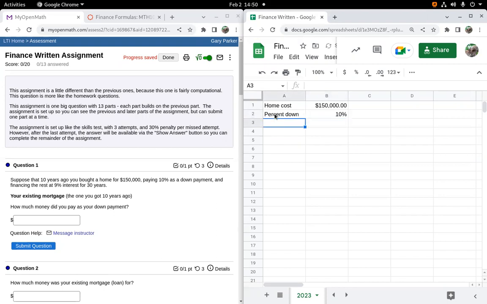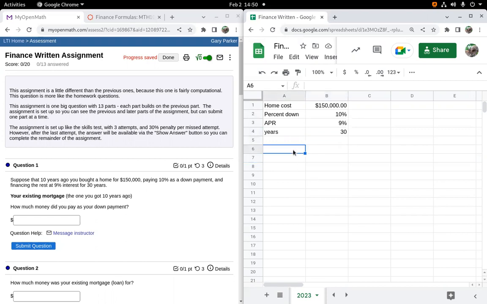We have our annual percentage rate of 9%. And we have the number of years of the loan, and that's going to be 30. So let's see, how much money did you pay as your down payment?